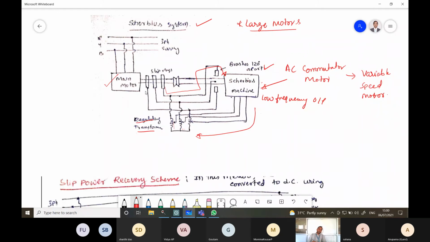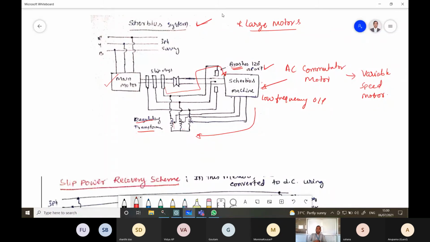So either by varying the tapping of the regulating transformer or by adjusting the position of the brush, at some angle, we can control the speed of the main motor. So this is called the Scherbius system. This is another method of rotor control.